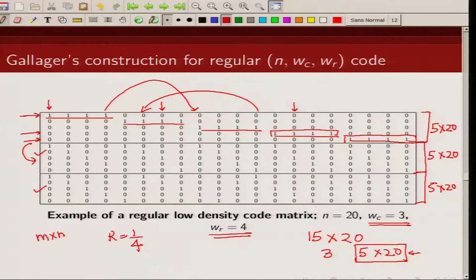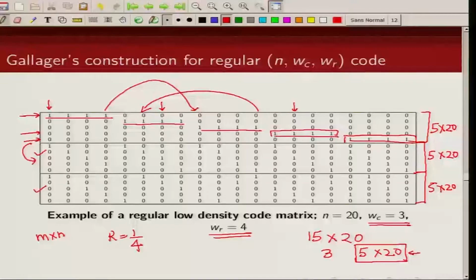When I do column permutation, I do not change the weight of the columns, it is still 1, and I do not change the weight of the rows, it is still 4. So by column permutation I get this sub matrix, which again has one 1 in each column and 4 ones in each row.